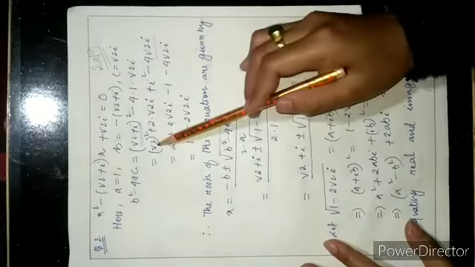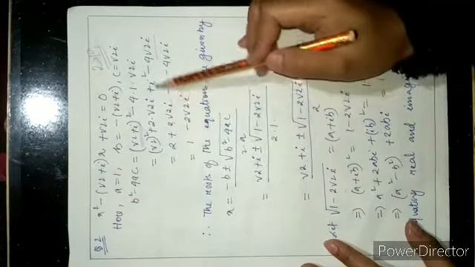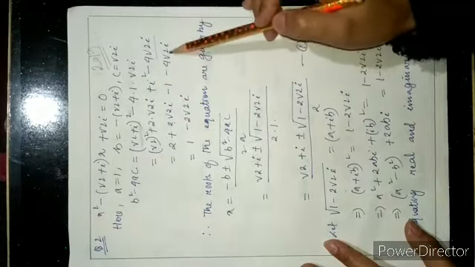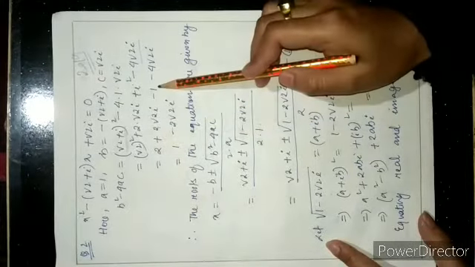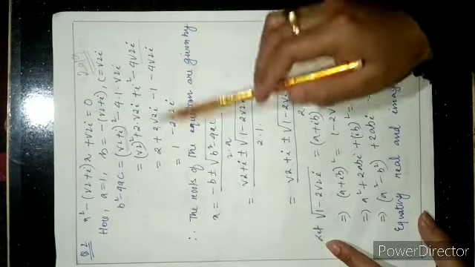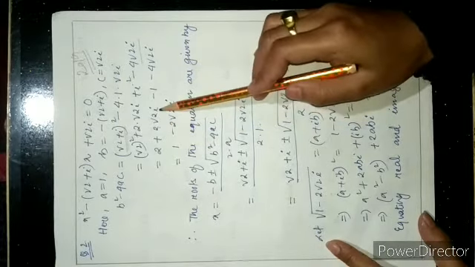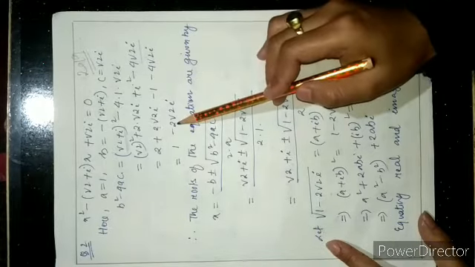Root 2 whole square is equal to 2, then 2 root 2i, and the value of i square is equal to minus 1, then minus 4 root 2i. Now taking real part and imaginary part: 2 minus 1 is 1, and 2 root 2i minus 4 root 2i is minus 2 root 2i.